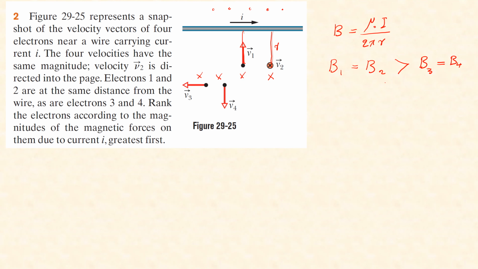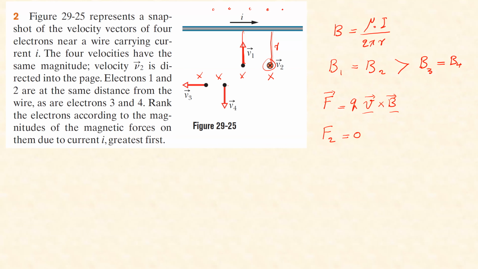And then the velocities are the same magnitude, but they have different directions. And you see that this one is moving in the direction of the B field. And remember, the force is Q V cross B. It means that if V is in the direction of B, there's no force. So F2 is 0.